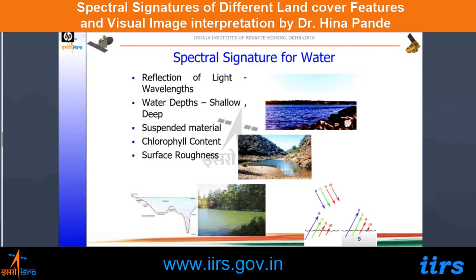If you had observed the spectral reflectance curve, we had seen that in the visible portion, it showed some amount of reflectance, even though very little. So in shallow regions, if water depth is shallow, there will be some amount of reflectance due to suspended material like sand, etc. Also, if there is algal content or phytoplankton content on the surface, then this will also give us some reflectance, in terms of green if it is green algae, or blue algae, or brown algae, and so on and so forth.